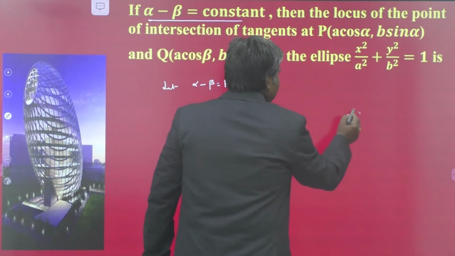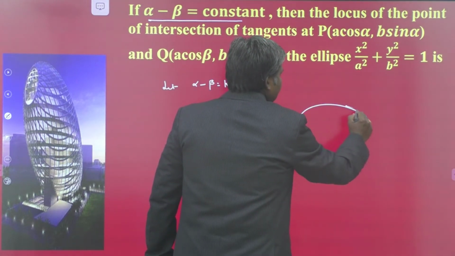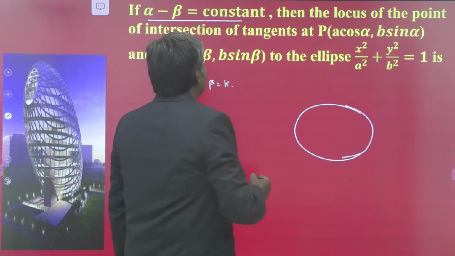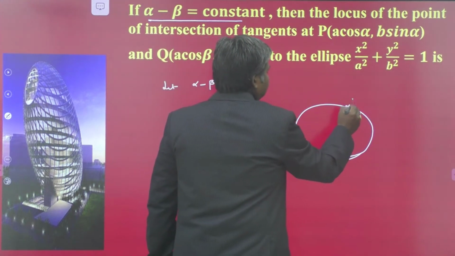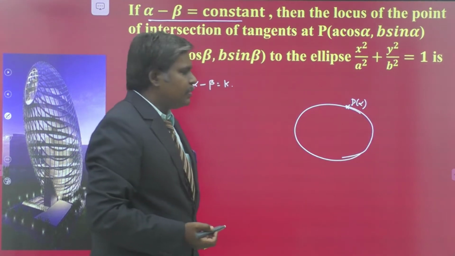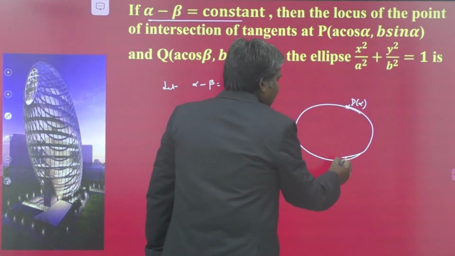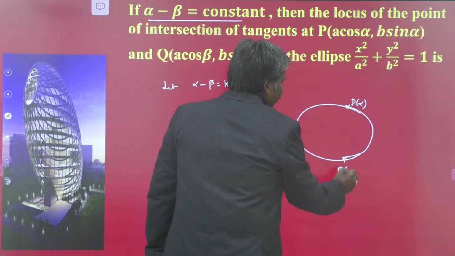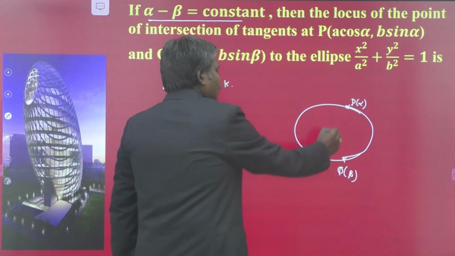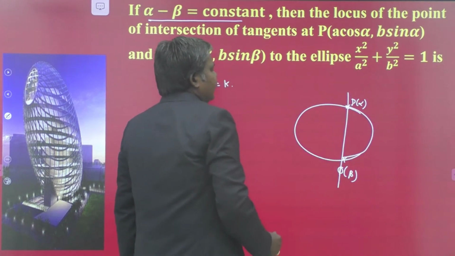This is your ellipse, x square by a square plus y square by b square equal to 1. This is my point P of alpha, that means a cos alpha comma b sin alpha. This is the other point Q of beta, that means a cos beta comma b sin beta. If you join these, you get a chord.